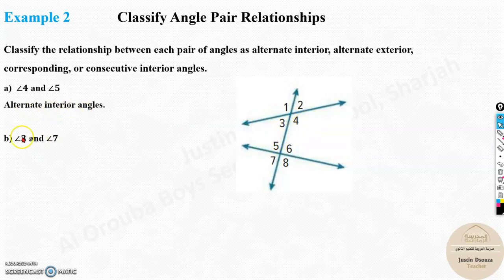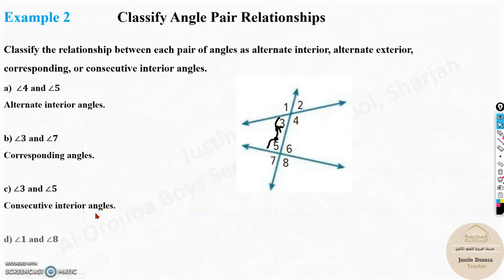Now what about the next one? 3 and 7. See, this is at left down. This is also left down. So they are corresponding angles. Now 3 and 5. 3 is over here, 5 is over here. They are in the same interior and consecutive, so they are consecutive interior angles.